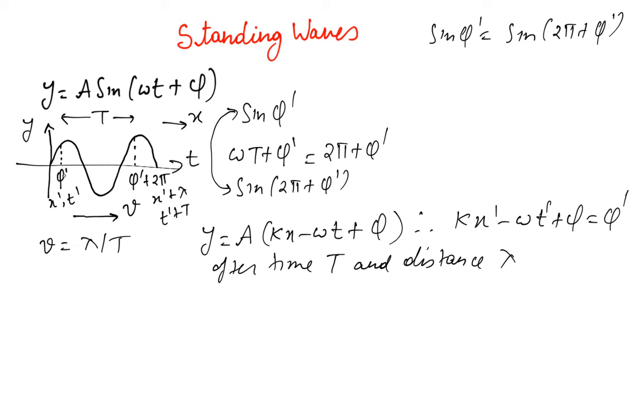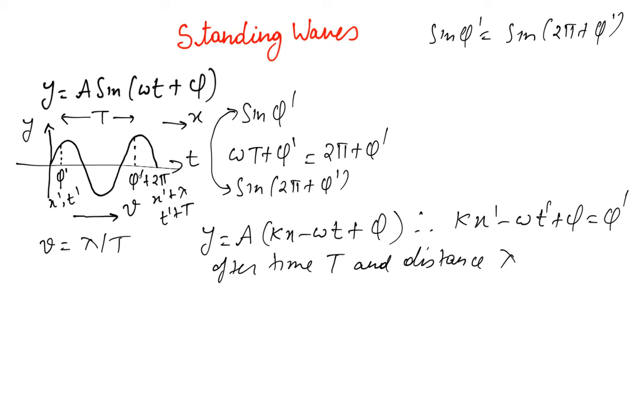So the phase has gone from phi prime to phi prime plus 2 pi. Distance has gone from x prime to x prime plus lambda, because there is one lambda, and t prime has gone from t prime to t prime plus capital T. Okay, so this is the initial condition.